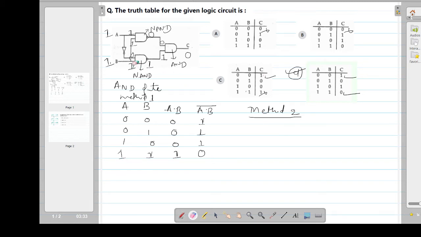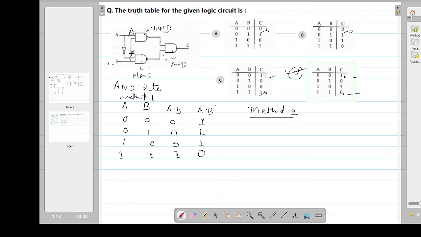Here again I will erase the things. When I supply the input A, this will become A, and this A passes through the NOT gate and gives input to the second gate.